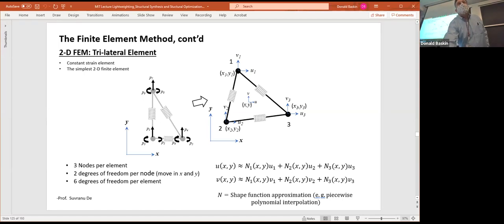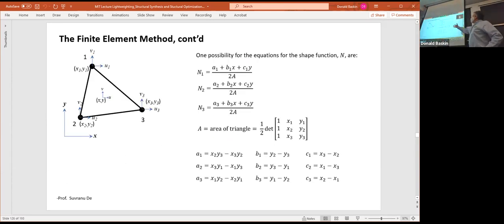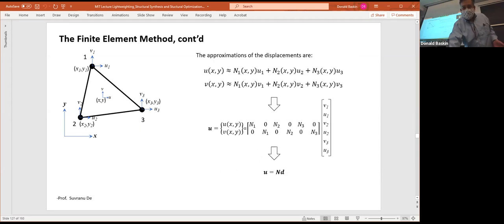Some finite element codes will use that, which is just an approximation for where these elements are going to go when the bigger picture structure is strained. And you can think of N in terms of these a, b, and c's. So a, b, and c's are some scalars that you multiply these polynomials by, which is your approximation for N. And you can solve for each one of those. You can then take the previous equation and plug it into this matrix equation right here.